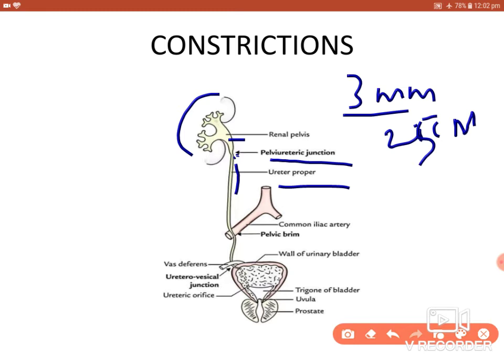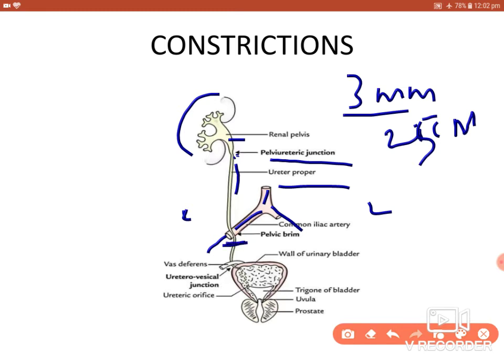Then you can see constriction at the pelvic ureteric junction. This is the abdominal aorta, which divides into the right and left common iliac arteries. Where the ureter crosses the pelvic brim, it also shows constriction.